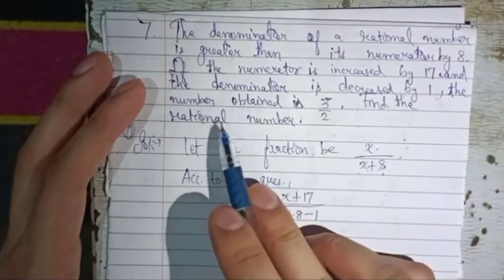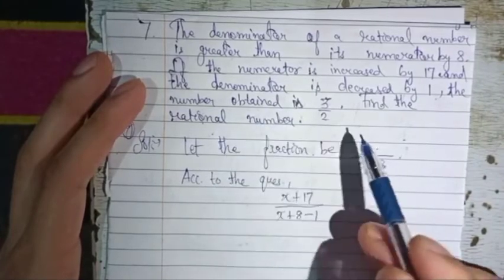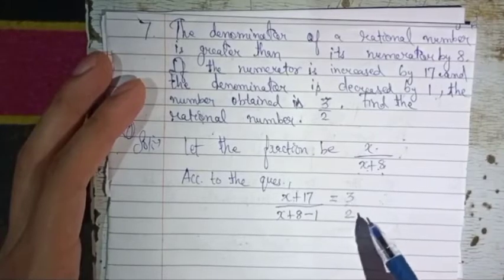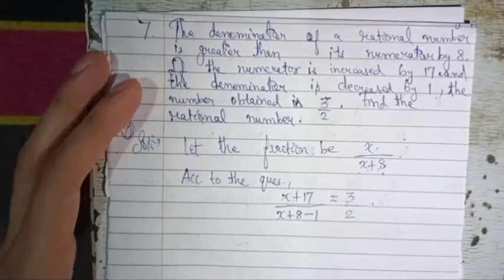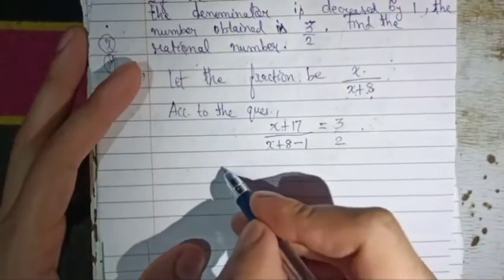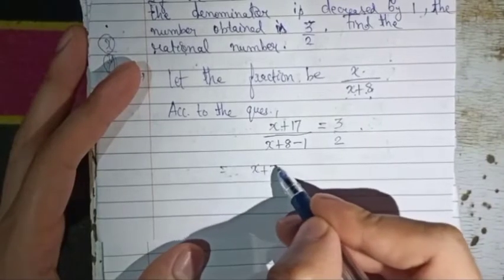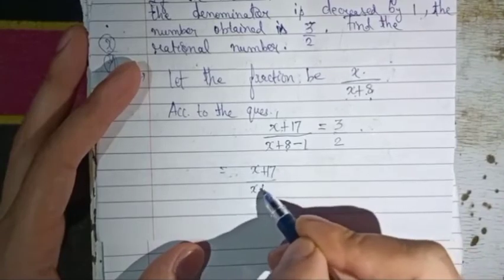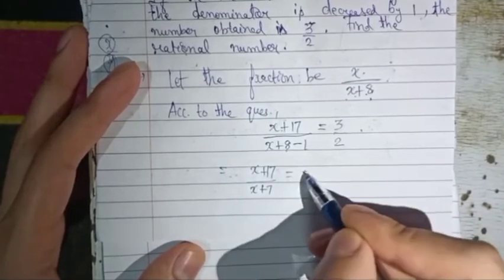The number obtained is 3/2, that means it will be equal to 3/2. Now we will simplify this fraction. So (x + 17)/(x + 8 - 1), that means (x + 7), is equal to 3/2.